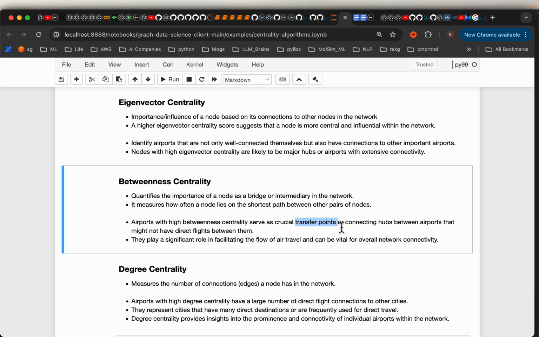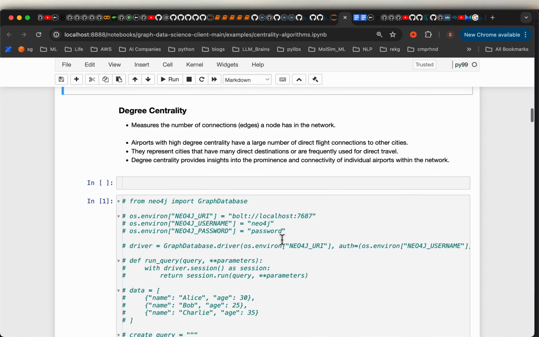Now we want to find out the cities or the airports which act as these major transfer points or connecting hubs. Okay, that's what betweenness centrality measures. Or in other words, it measures which cities lie on the shortest paths between other cities which do not have a direct flight between them. Okay, all right.